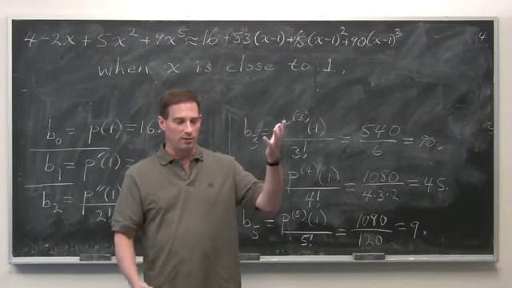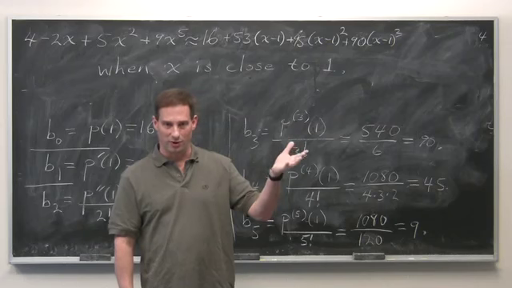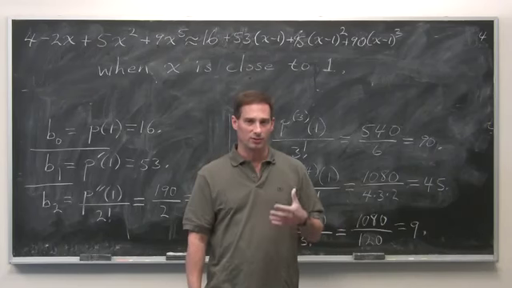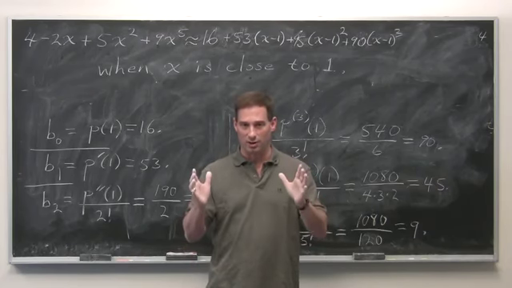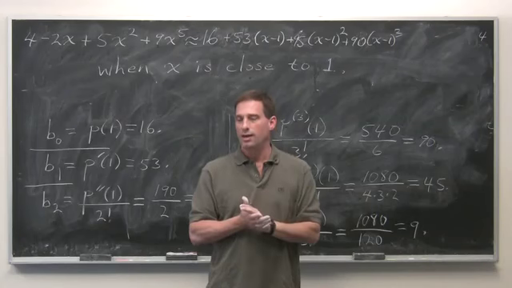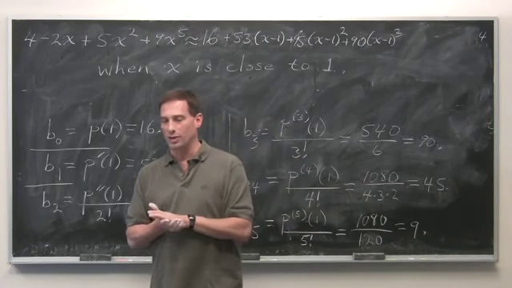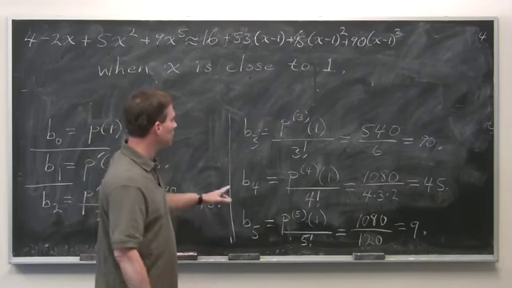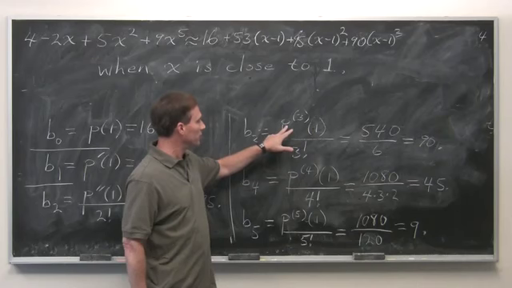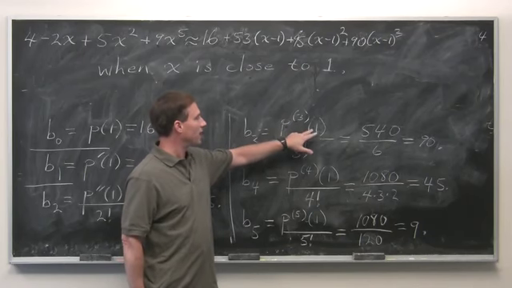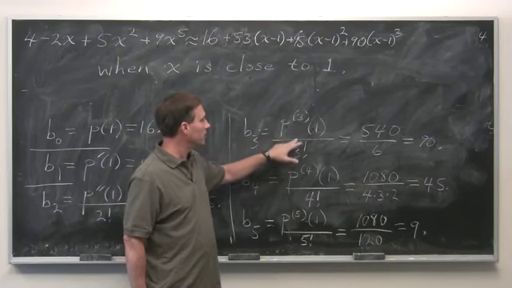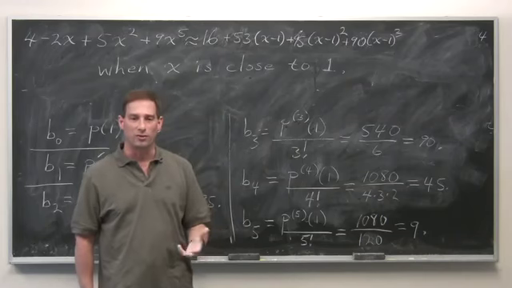If you're given some polynomial function and you want to write a polynomial function that's equal to it, but centered at x equals a, then to find those coefficients that go in front of the powers of x minus a, you just take derivatives of the polynomial you're given. So you take derivatives of that, evaluate it at the center, so a in general, and divide by the same factorial as the number of derivatives you've taken.